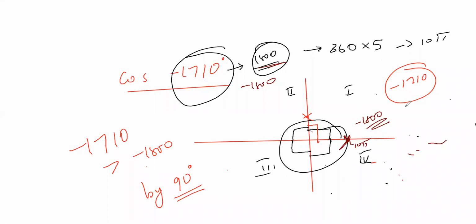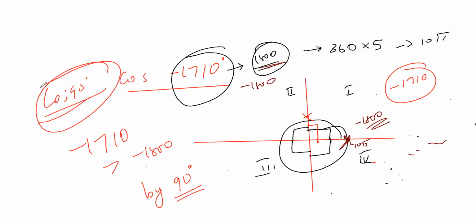That's how we get cos 90. Common sense. Is it clear?